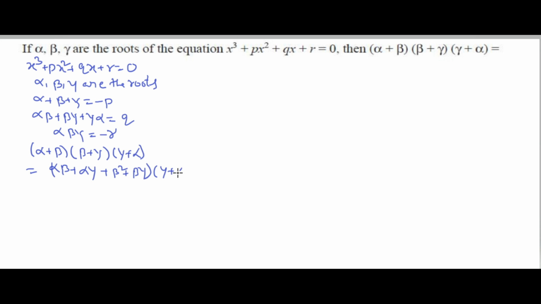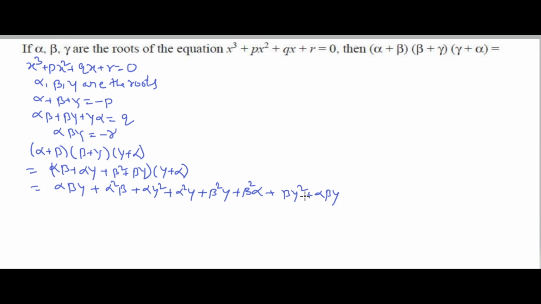gamma plus alpha, that is equal to alpha beta gamma plus alpha square beta plus alpha gamma square plus alpha square gamma plus beta square gamma plus beta square alpha plus beta gamma square plus alpha beta gamma.